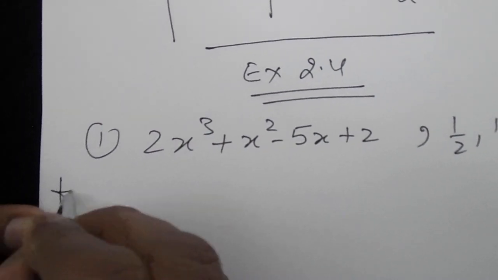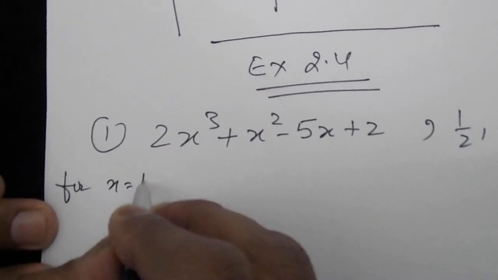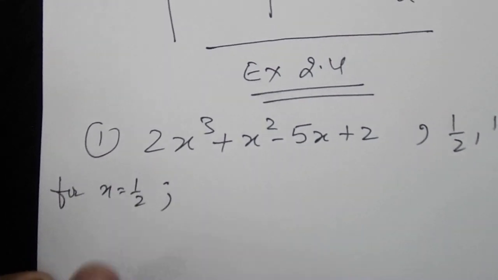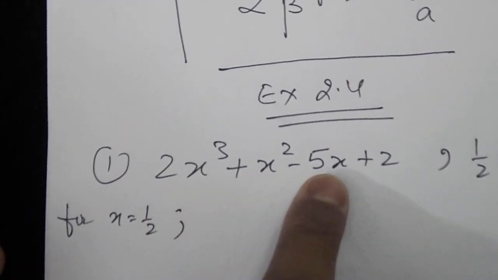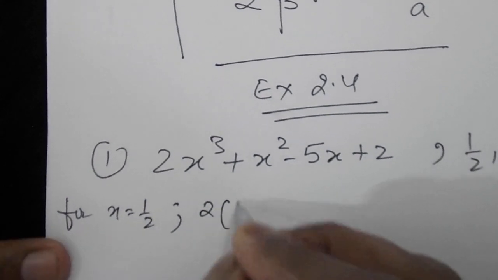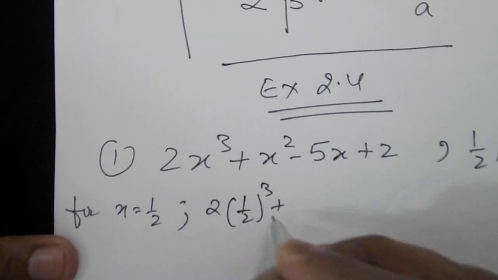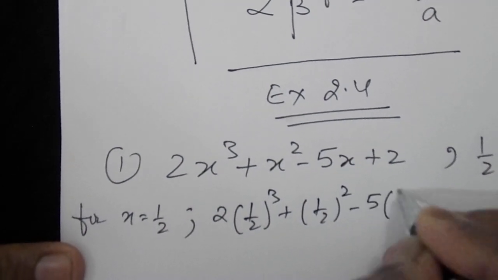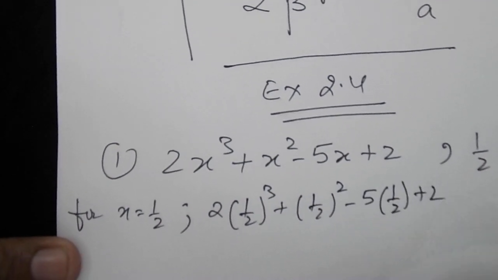So first part, for x is equal to half. Let us substitute that value in place of x. So 2 into half whole cube plus half whole square minus 5 into half plus 2.